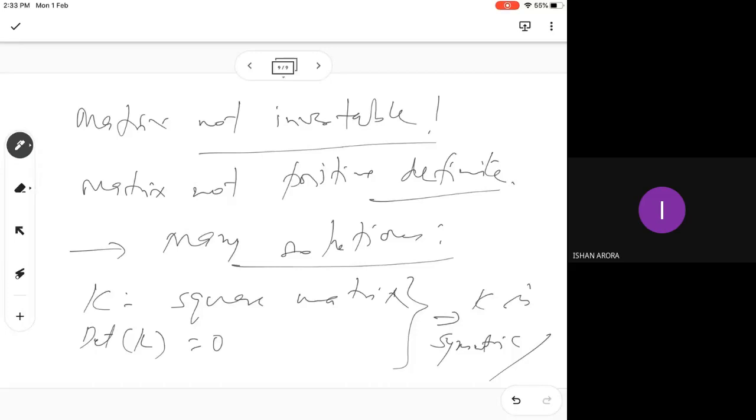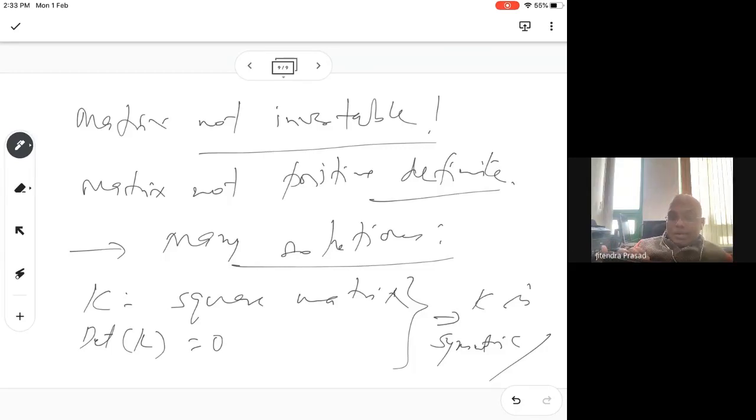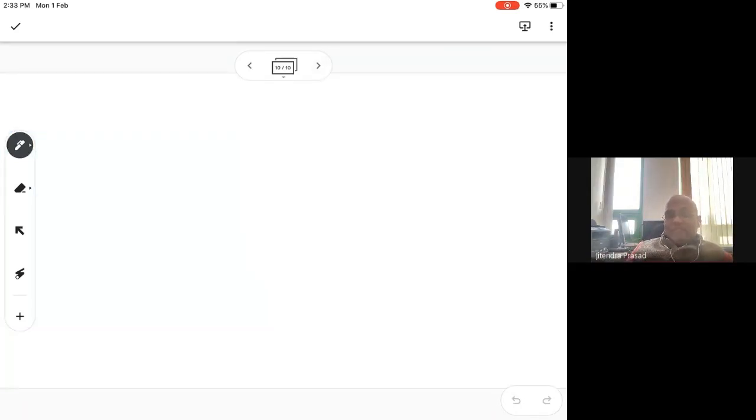Sir, about the sign convention, the forces inside the node and outside, could you do some more explanations? Okay. Sign convention: always take force as positive in the positive x direction.